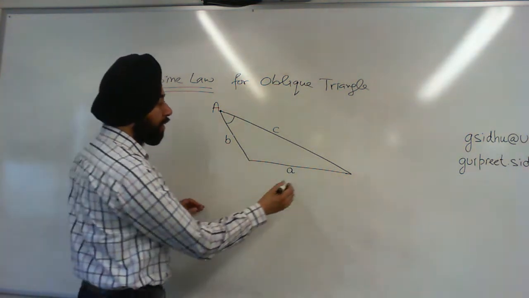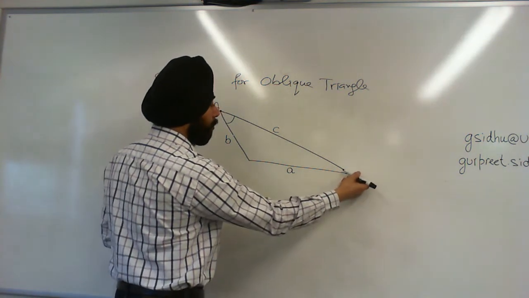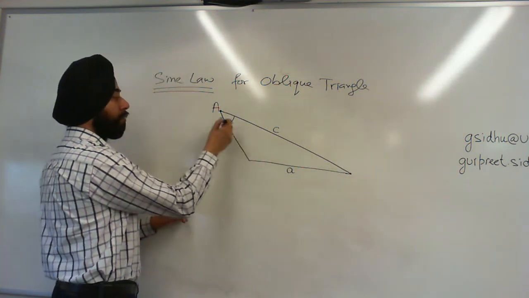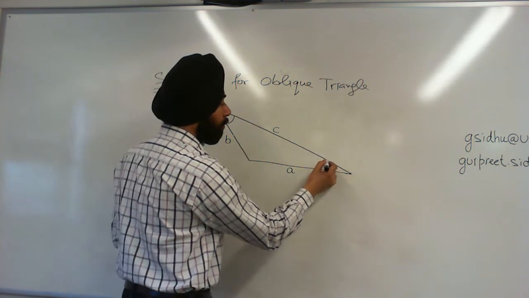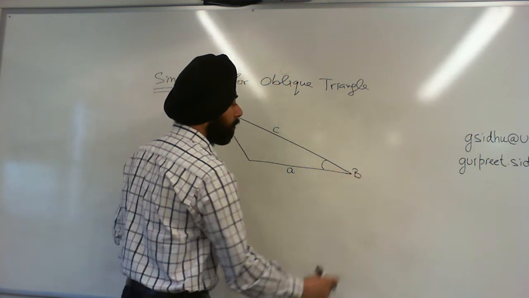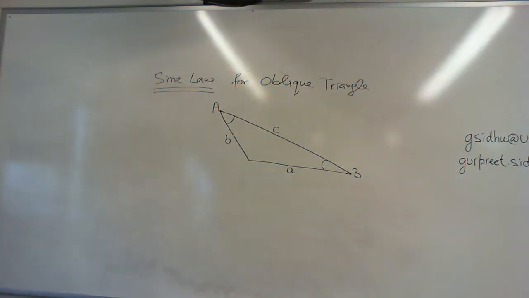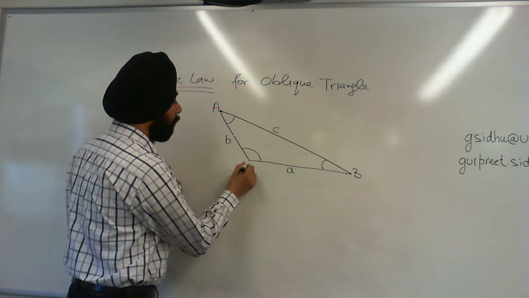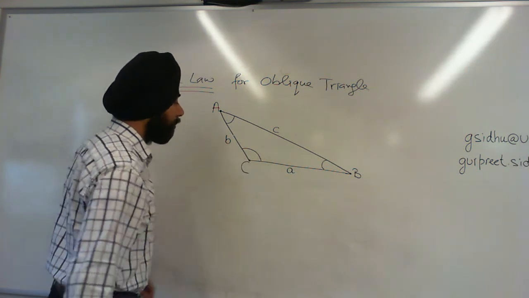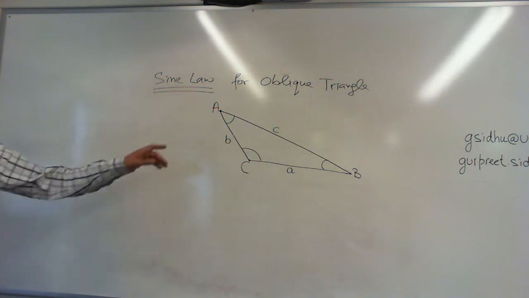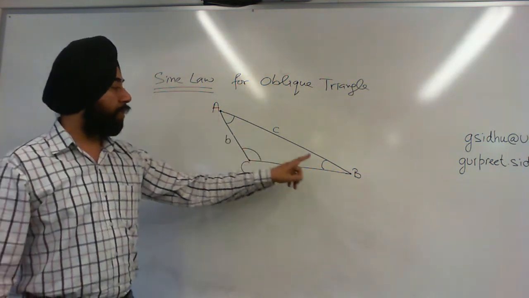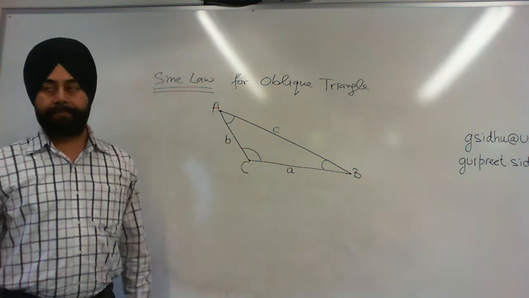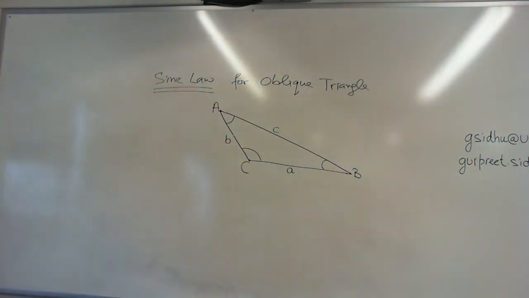Similarly, if you stand at this corner and look towards the triangle, the side that is opposite you is b. So this angle must be called capital B. And same for the third one. That means this angle must be called angle C, capital C. So these are the three angles of the triangle, capital A, capital B and capital C, and the side lengths are a, b and c. They are in front of each other.